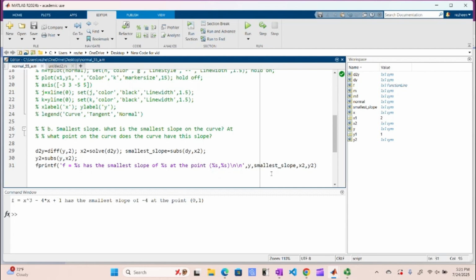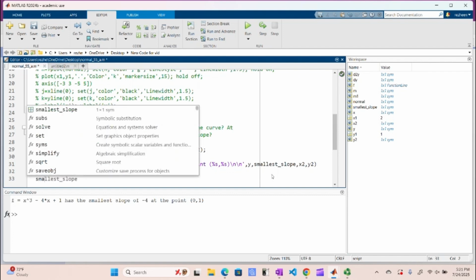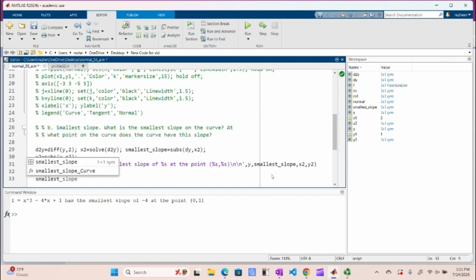So let's go ahead and graph this. We're going to graph what this smallest slope looks like. This is now the equation of the smallest line.